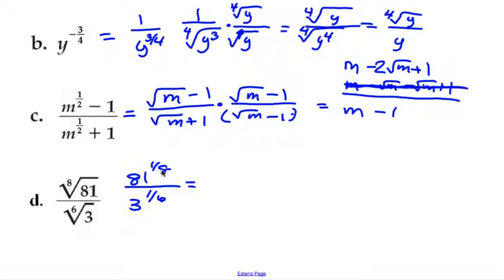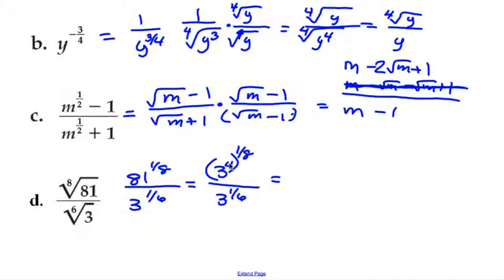Now, I can't do anything with the exponents unless my bases are the same. Well, 81 can be rewritten as 3 to the 4th. And then I'm going to apply the exponent of 1/8 on that. My bottom is still going to be 3 to the 1/6.